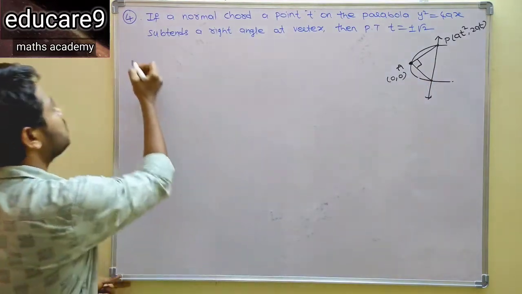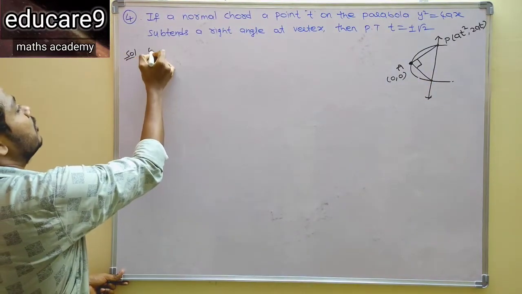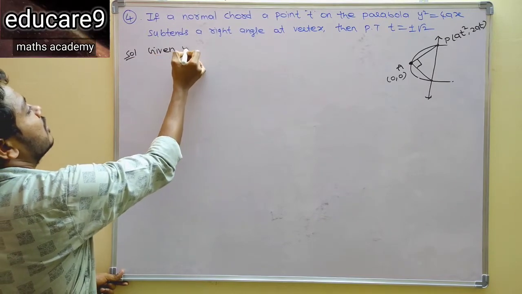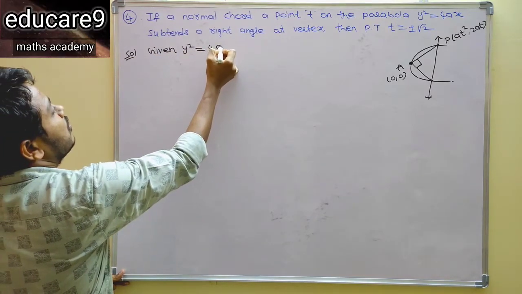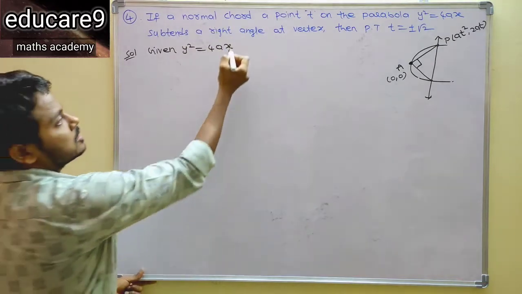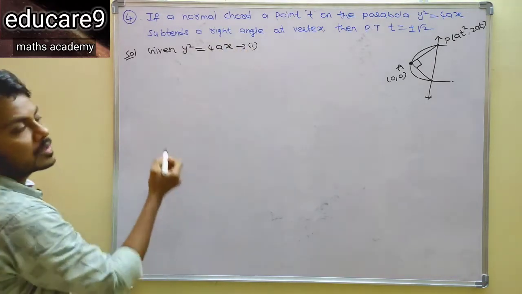See here, given parabola y square is equal to 4ax. So this is equation 1.